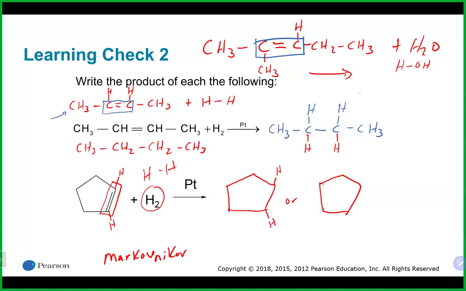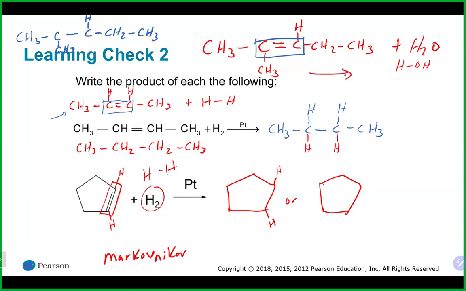I can go up top, I can go over here. CH3, C, we're going to make that into a single bond. We will still have the CH3 on the bottom, we will still have the hydrogen up there, and we'll have our CH2 and our CH3. So frankly, I'm just copying what's there. Now I have room, and I'm going to add an H and an OH.